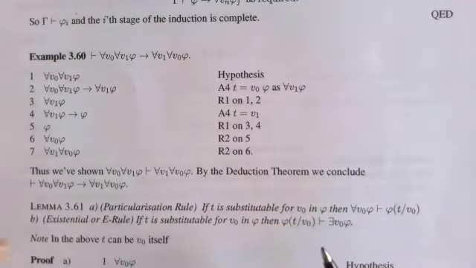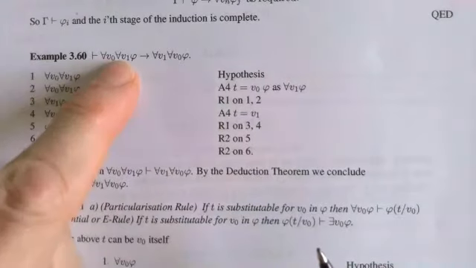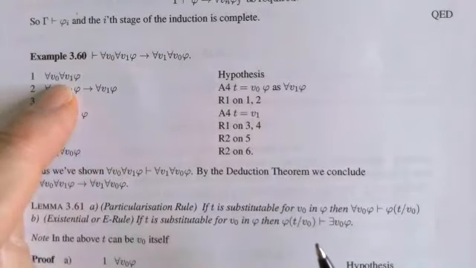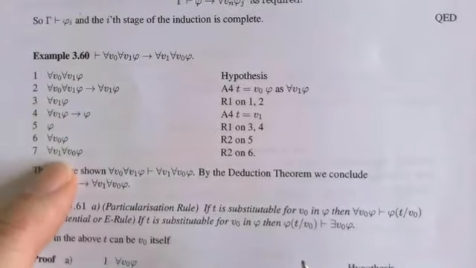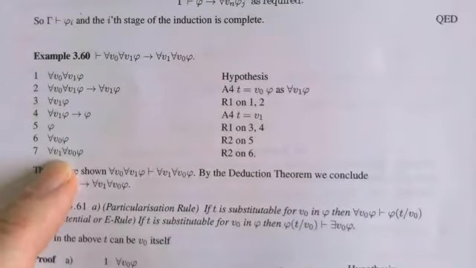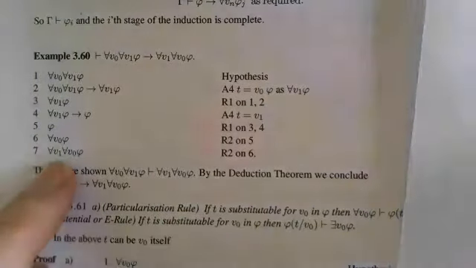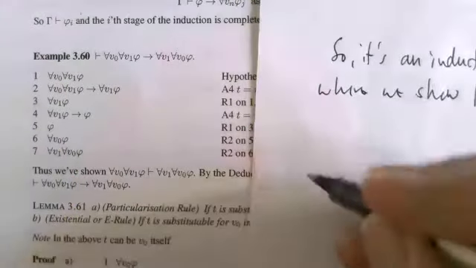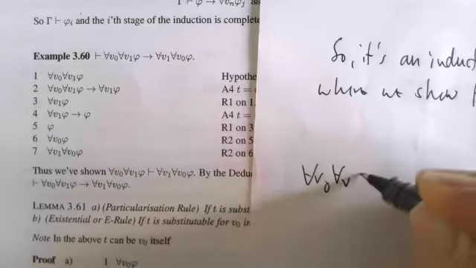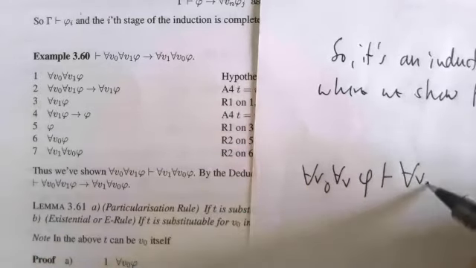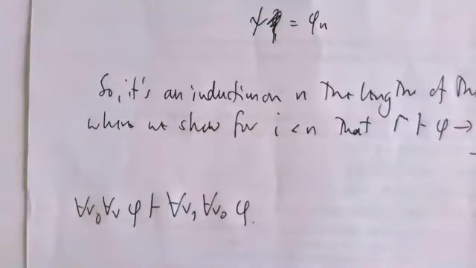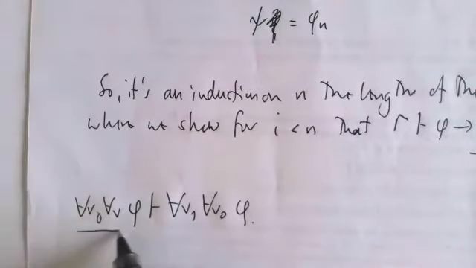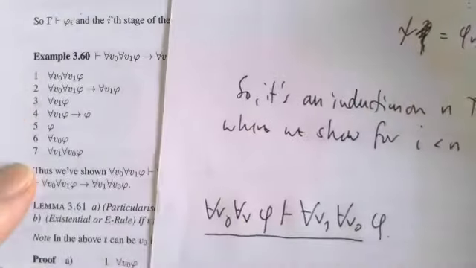Now I've got the deduction theorem. I can start out with this here as a hypothesis. And maybe I can work my way through to this here. So what I've proven here is this. Those 7 lines here are showing this.